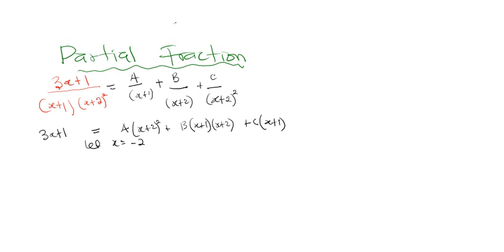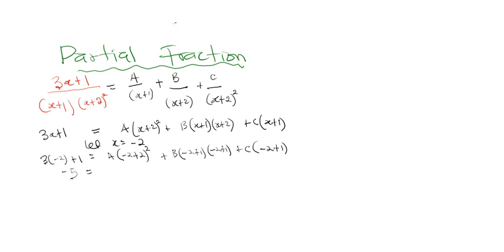Now you substitute negative 2 into the expression, giving you 3 into bracket negative 2 plus 1 is equal to a into bracket negative 2 plus 2 all squared plus b into bracket negative 2 plus 1 times negative 2 plus 2, plus c into bracket negative 2 plus 1. Now when you simplify this, 3 times negative 2 gives you negative 6, plus 1 will give you negative 5.